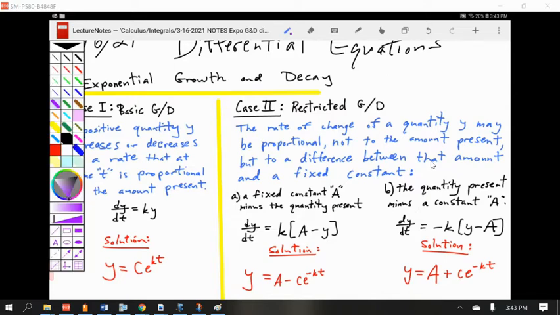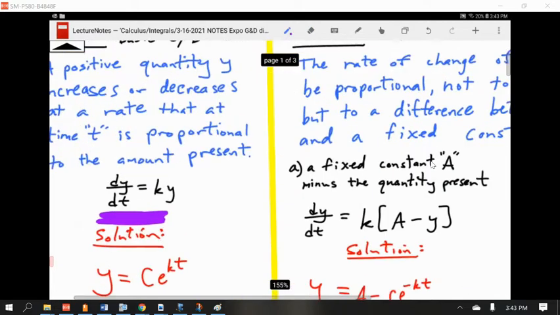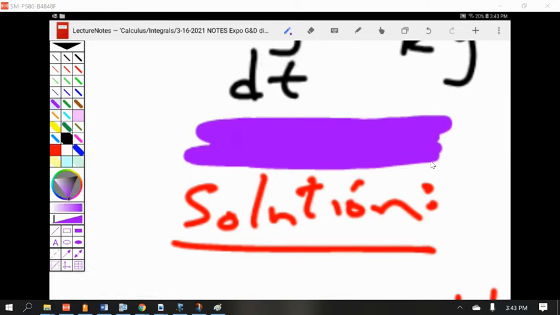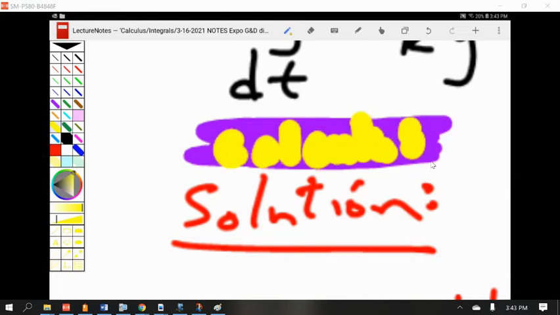We filled in the space between here and here, right? This big purple space. That's where the calculus happens. I can fill in this space with calculus.